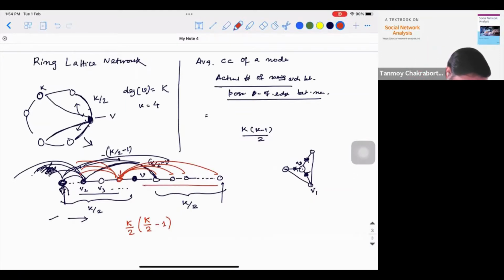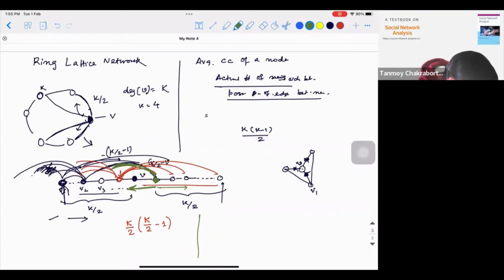Now let's look at the right side nodes. Okay, so now this is very interesting. Right side, let's look at this node. What has happened for this node? This particular edge has already been considered. This edge has already been considered. Now this node also has k by 2 edges in this side and k by 2 edges in this side.